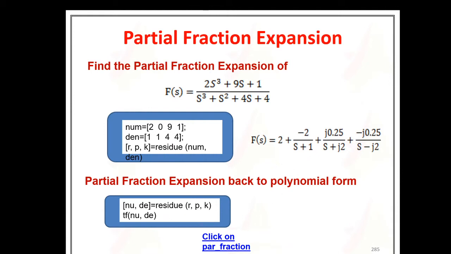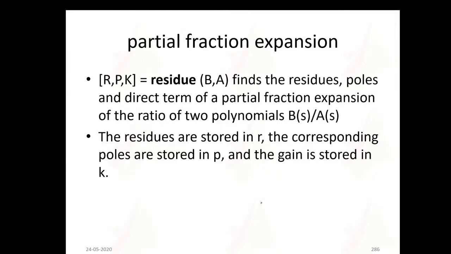Back to the polynomial form: num, den equal to residue of R, P, K, so you are getting num and den, and you can give TF of numerator and denominator. So you are getting it in terms of a transfer function itself. Okay.